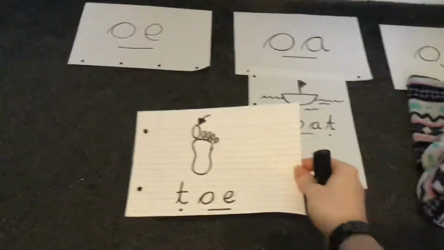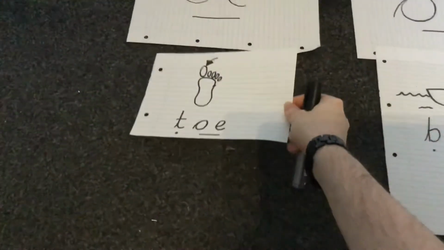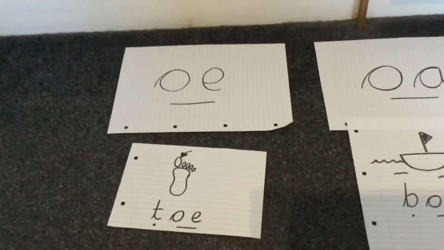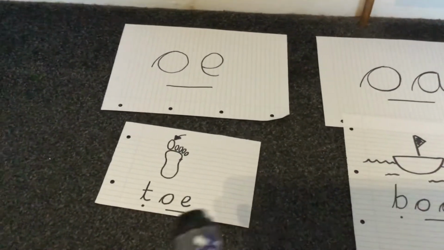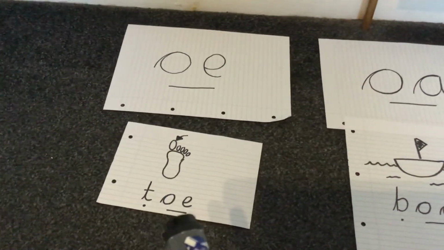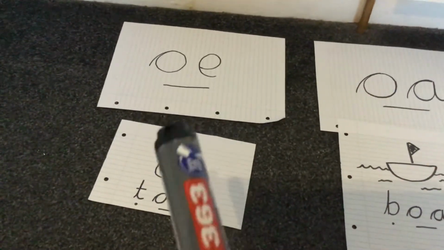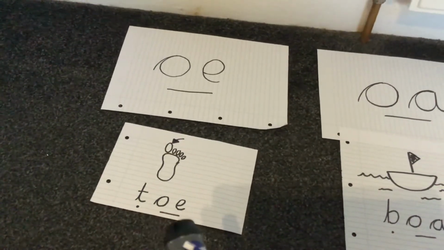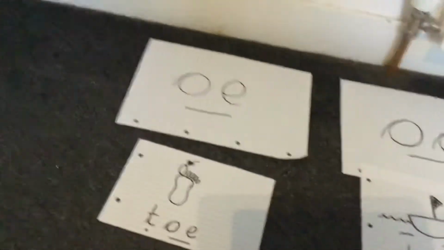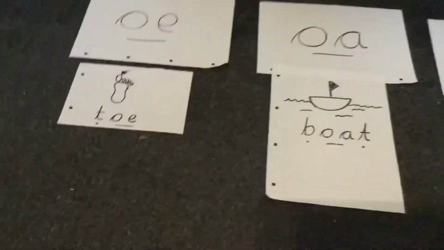I'm going to put it over here with this one because we can see that both of them have an o, e, both of them make o with this o and e digraph. Alright, good work.